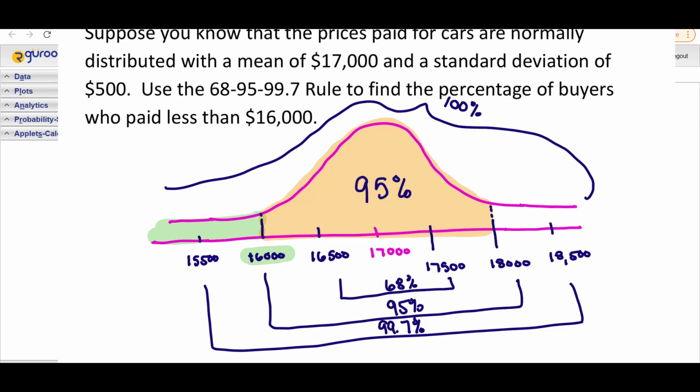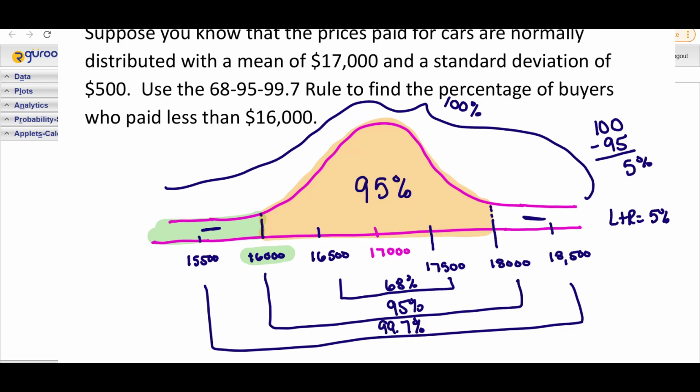So anyway, if we were to take out the 95% in the middle, that would leave 100% minus 95%, which is 5% left over. So the left side plus the right side should add up to be 5%.